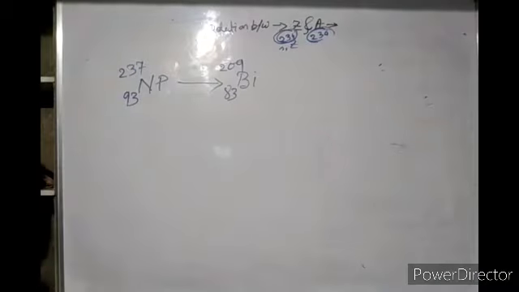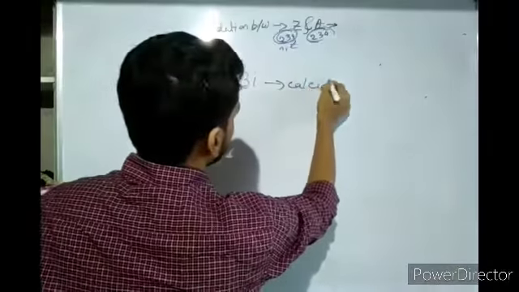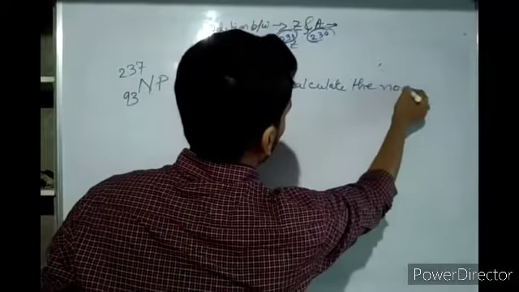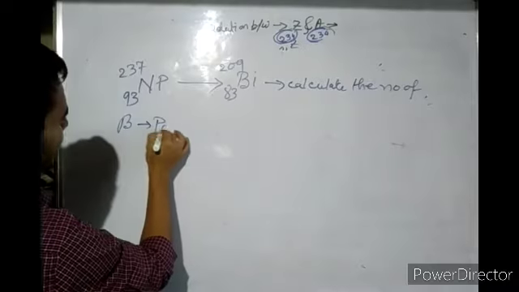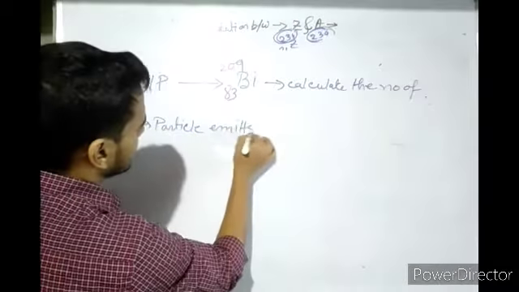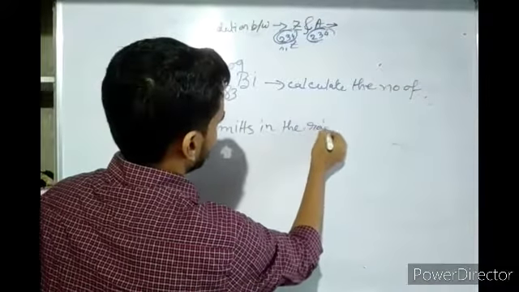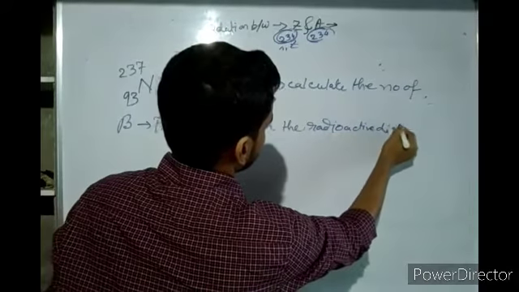Calculate the number of beta particles emitted in the radioactive disintegration.